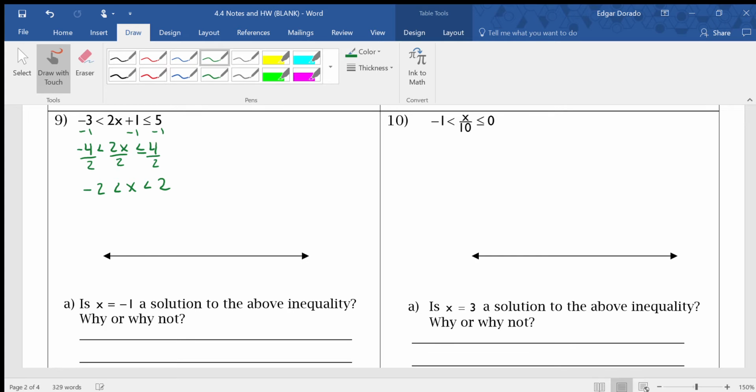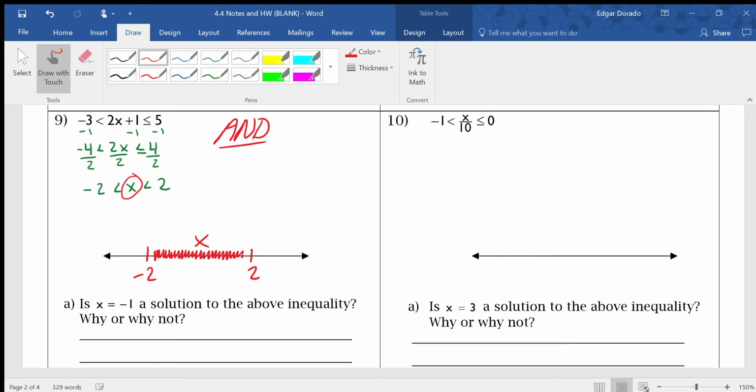That's great. And again, I see right away that my x is in the middle. So what kind of statement do I have here? What kind of inequality? I have an "and" compound inequality. So let's go ahead and do my 2 points, -2 and 2. And I know my x has to be in the middle, so I'm going to shade in the middle.